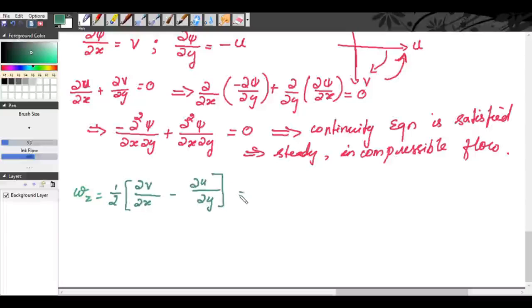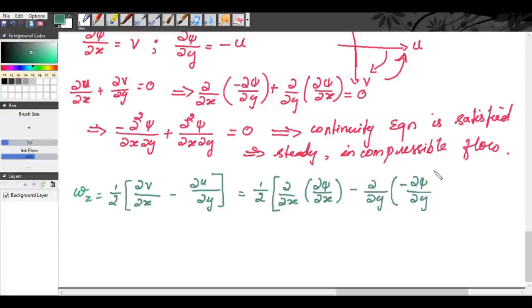So substituting the values we get half of dou by dou x of, what is v? Dou psi by dou x, minus dou by dou y of, what is u? Minus dou psi by dou y.